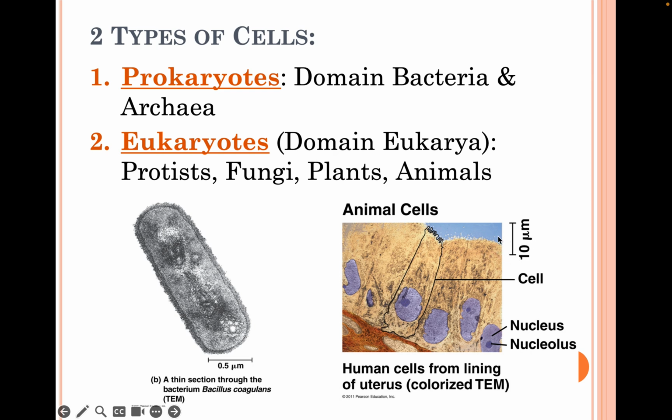So they're very tiny, they're microscopic, but they're much bigger than these prokaryotic cells. So on this one, we see the scale bar here is about half a micrometer. So all told, this cell is maybe 3.5 micrometers long, about 1/10 the size of the eukaryotic cells.